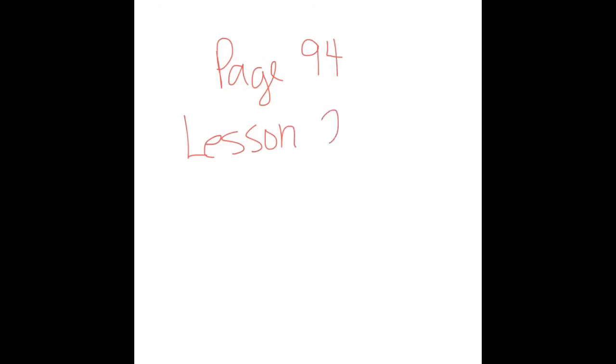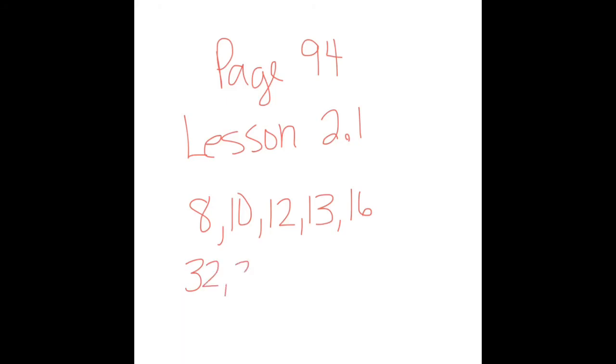All right. So your lesson for today is on page 94. This is lesson 2.1, and you are going to do 8, 10, 12, 13, 16, 32, 34, 40, 41, 45, and 57.